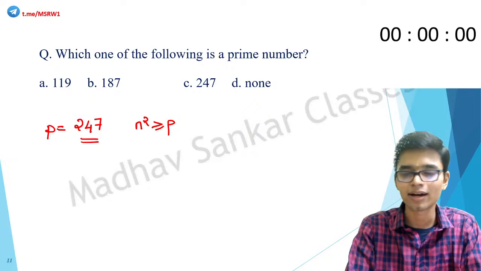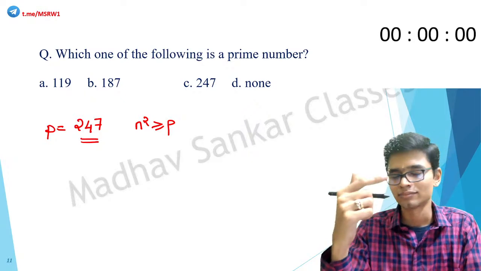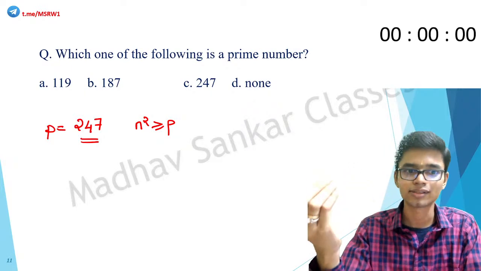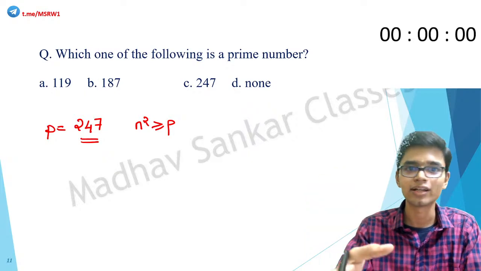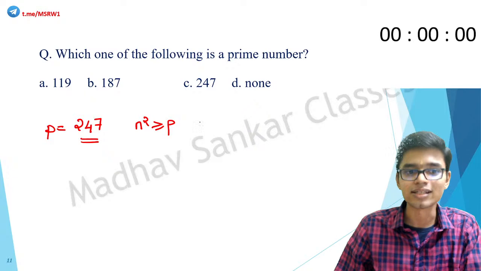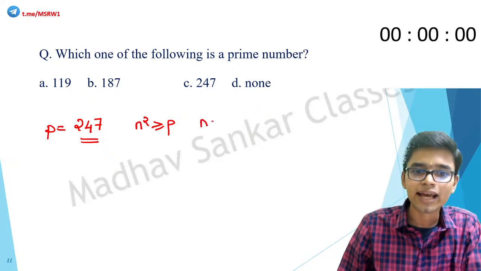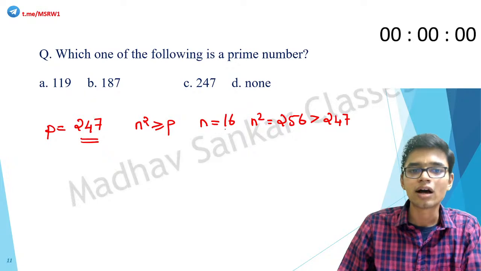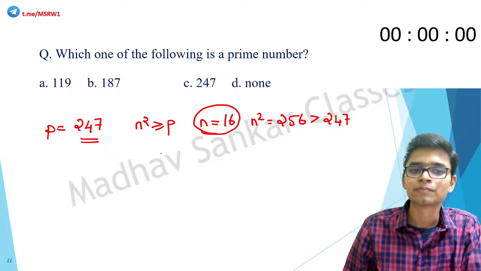I told you to memorize the squares of at least the first 25 numbers. If you had done that, you would get this very quickly. 16, correct, Deepika? So if we take n equal to 16, then n squared is 256, which is greater than our value p, that is 247. So our value for n is 16.